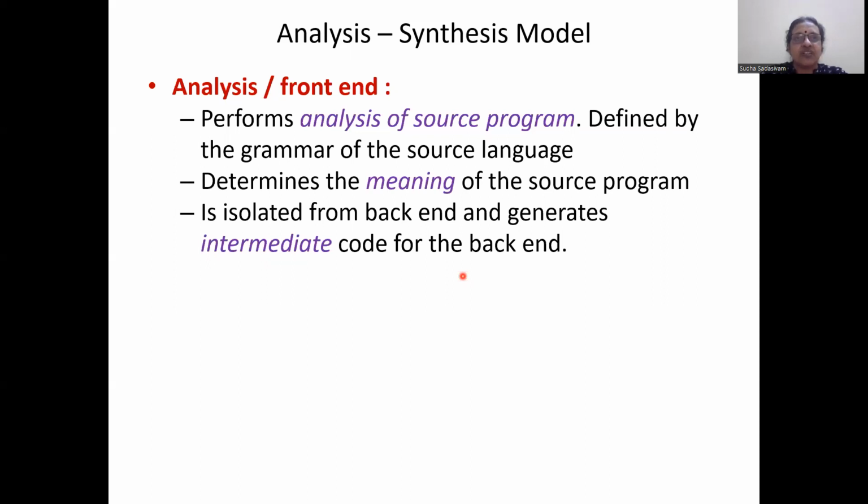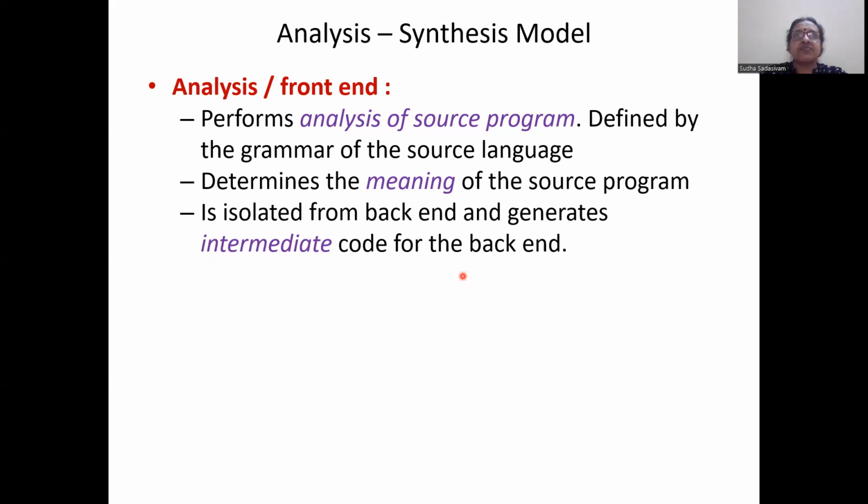So usually the lexical analysis pass, the syntax analysis module, and the semantic analysis module, all these three modules are grouped together into the analysis or the front-end phase of the compiler.